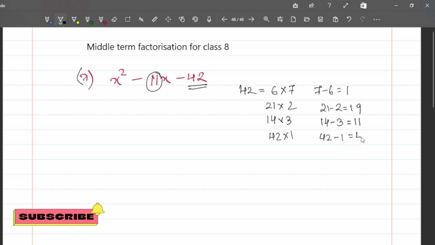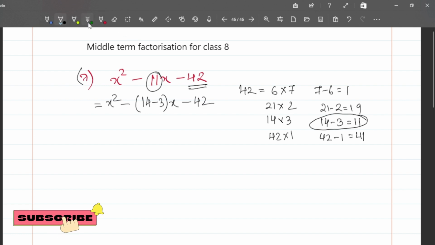So we will take this combination. So now replace 11 with 14 minus 3. So you can easily see these two signs are the same.